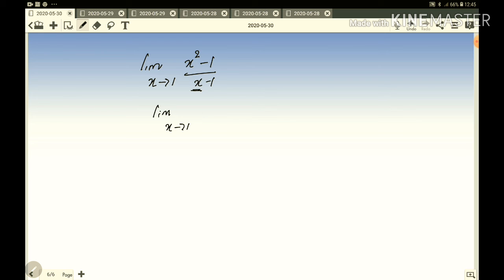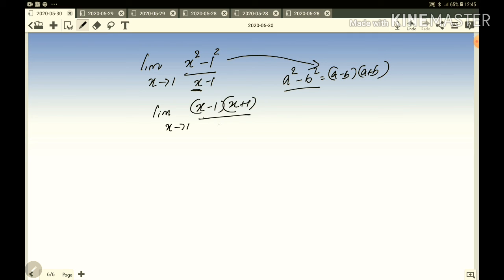You know that one: a square minus b square is a minus b times a plus b, right? We can see the very same format here. x square minus 1, we can write 1 square, same as a square minus b square. So the numerator factorized is x minus 1 times x plus 1, divided by x minus 1.